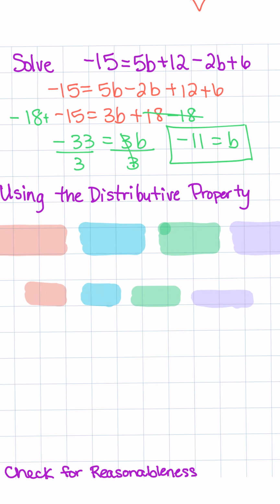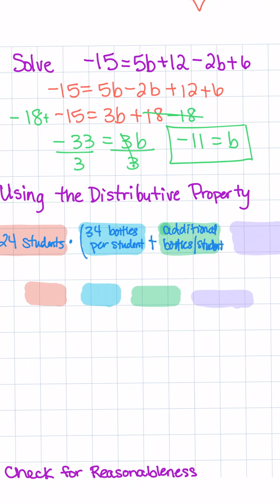So we have 24 students times 34 bottles per student plus however many additional bottles we still need per student. And that's going to equal 1,200 bottles.